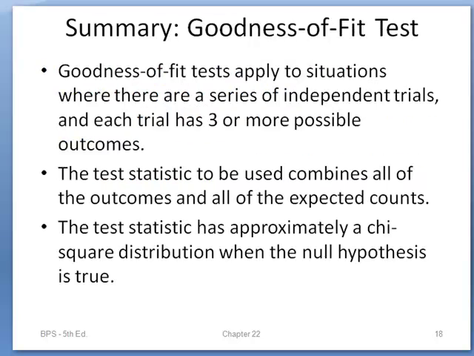So the summary for the goodness of fit test is that it applies to a situation where there are a series of independent trials and each trial has 3 or more possible outcomes. The test statistic to be used combines all outcomes and all the expected counts. The test statistic has approximately a chi-square distribution when the null hypothesis is true.